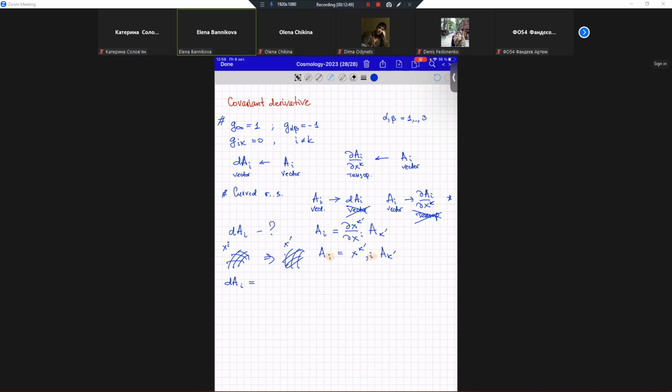First, I will apply it to a k prime, so the first multiplier is the same, but here I put d i k prime, and I apply d to the second one.